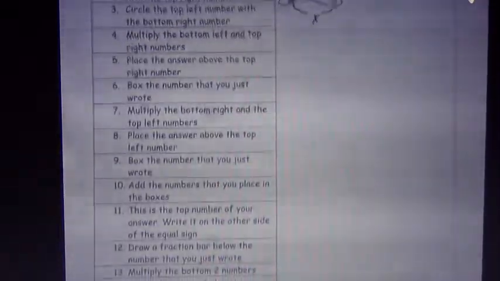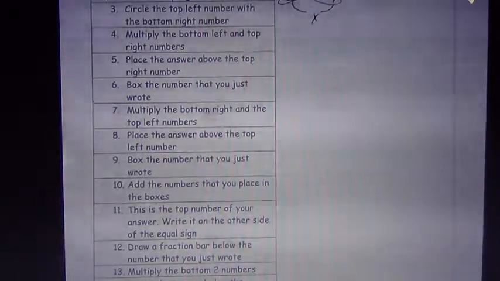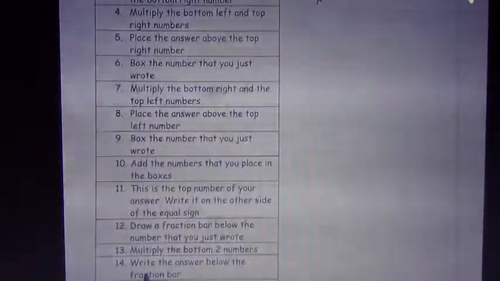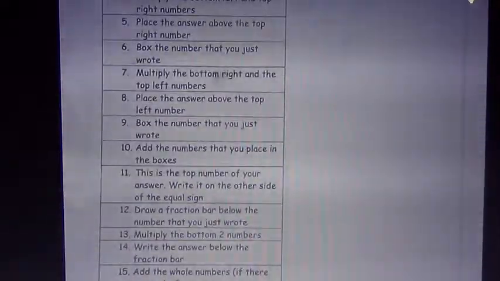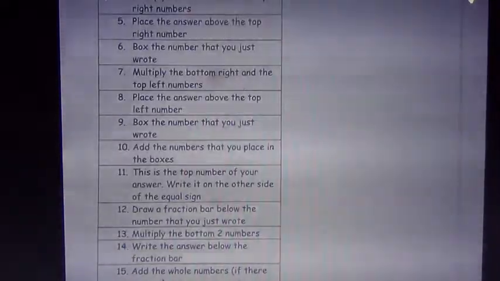Next step says write the answer below the fraction bar. We did that. Add the whole numbers if there are any. We didn't have any whole numbers in this problem.